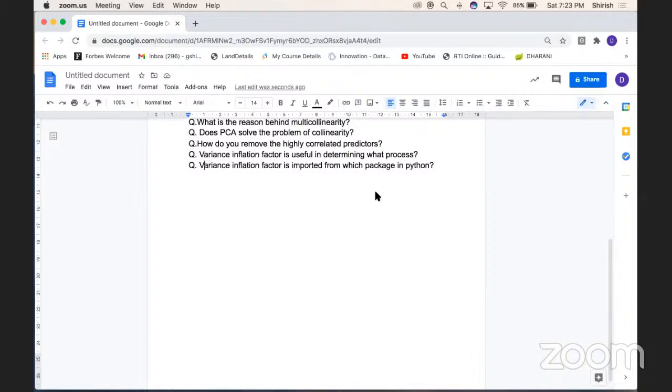How do you calculate this in R? What is the package here? To calculate VIF.